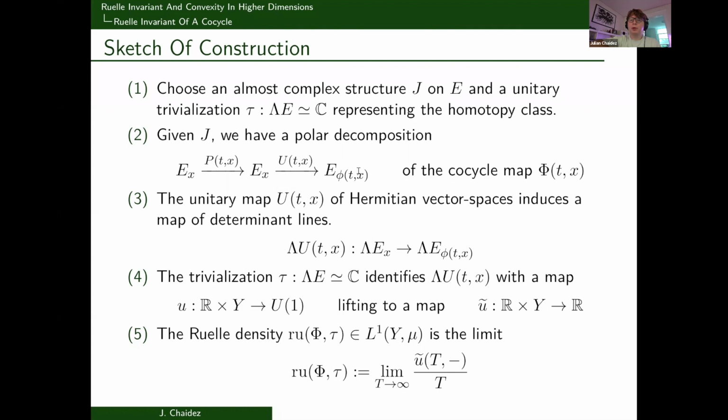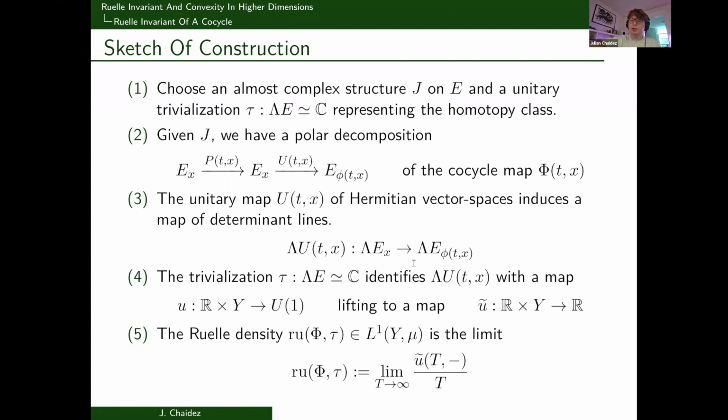So now that you've done the polar decomposition, that unitary map will just descend to a map of the determinant lines because it's complex linear. And actually it'll be a unitary map, because it's the determinant of a unitary map, so it'll be itself unitary.